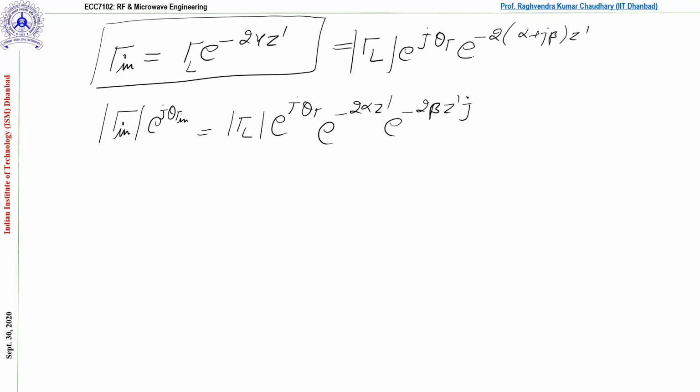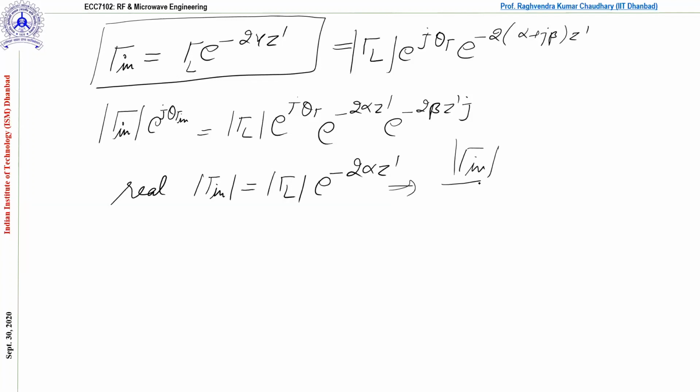If you compare the real part, the real part will be mod of gamma in equal to mod of gamma L e to the power minus 2 alpha z dash. Fine. So we can write that the ratio of mod of gamma in and gamma L is equal to e to the power minus 2 alpha z dash.